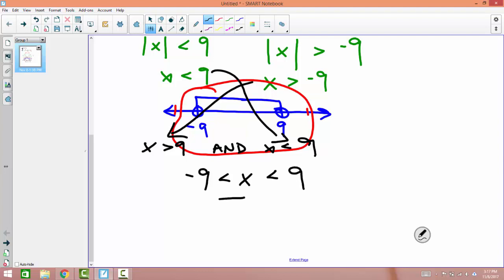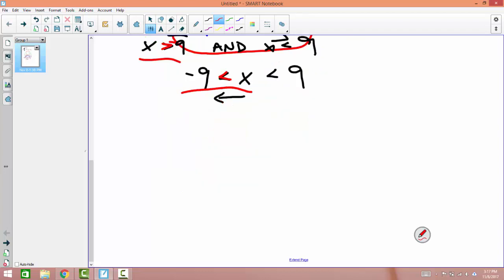Remember, you're going to read it this way. Oh, I lost my negative. So this right here is the same as this right here. The Pac-Man is eating the x. Okay, that's hopefully very clear.